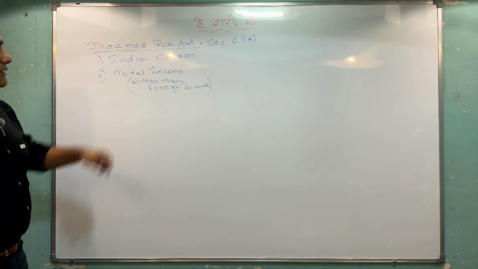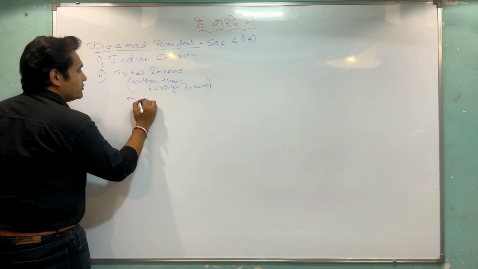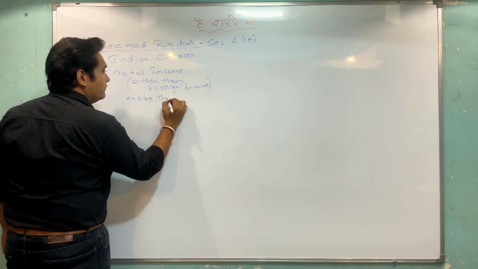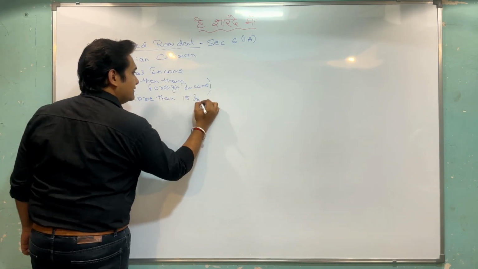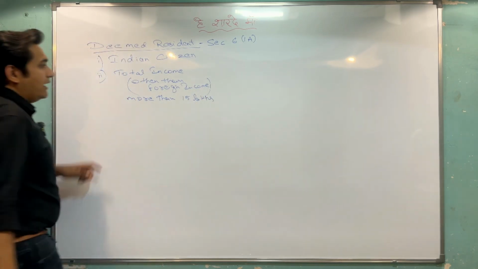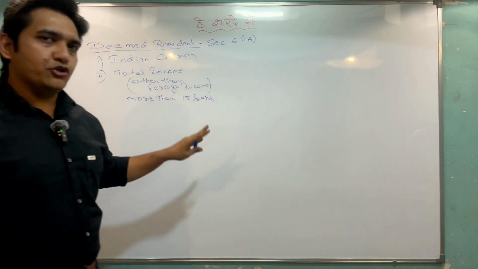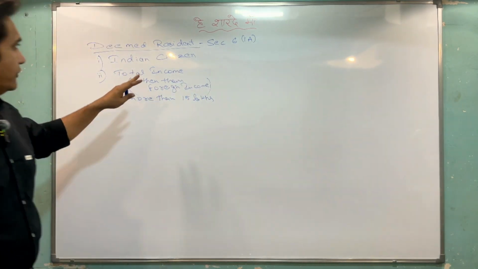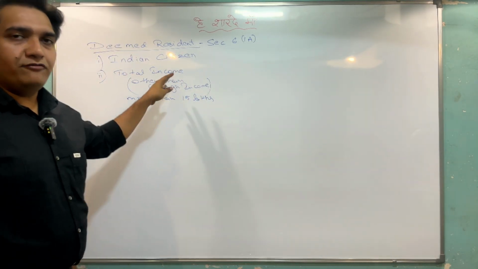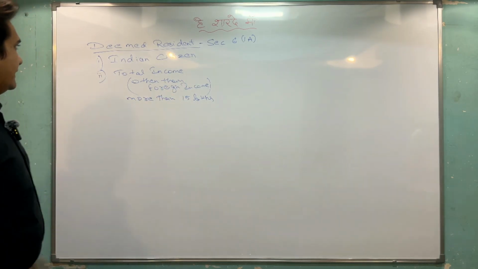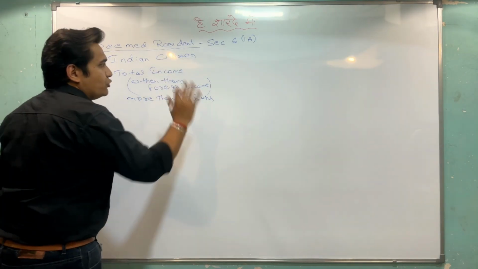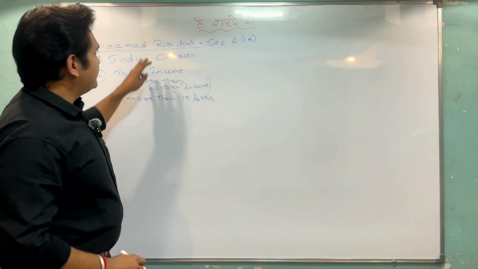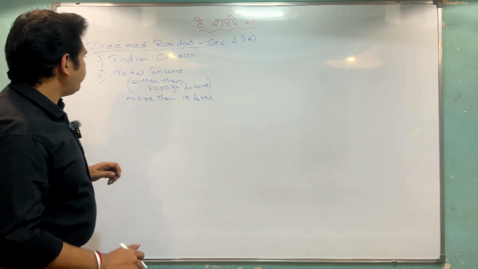Total income other than foreign income should be more than 15 lakhs, right? If these two conditions are satisfied, the person can be deemed to be resident.